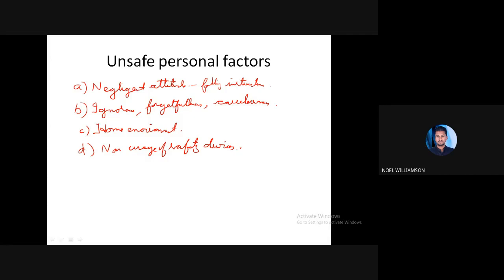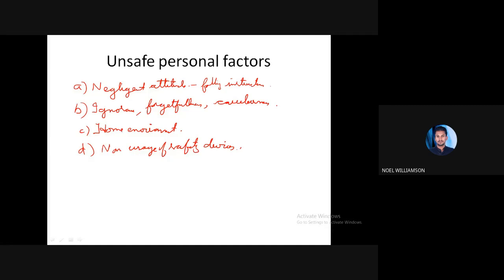But what happens is, when the worker has an attitude that there is no need for using these safety devices, at that point of time accidents may occur. So that is the last point, non-usage of the safety devices. So these are the unsafe personal factors. So these four are the main causes of industrial accidents.